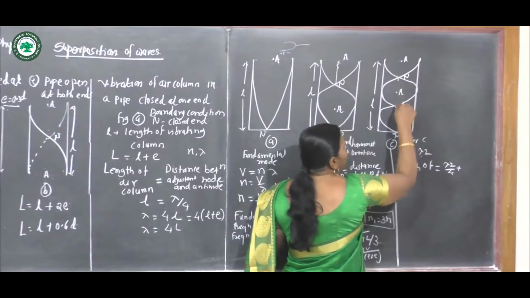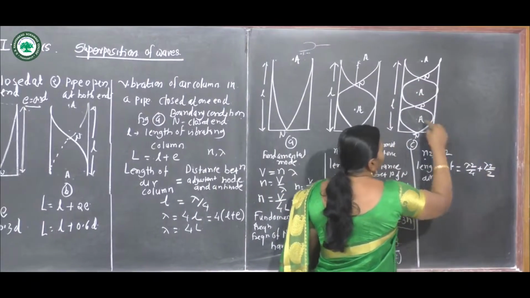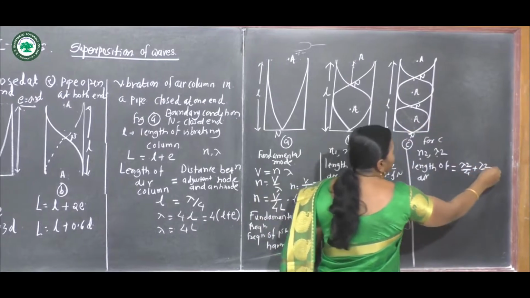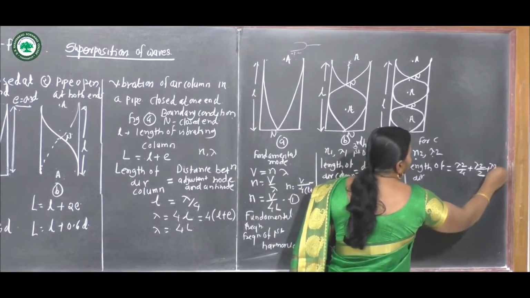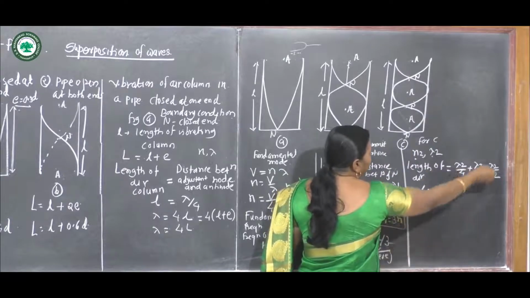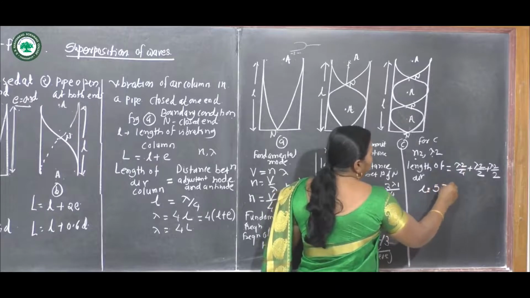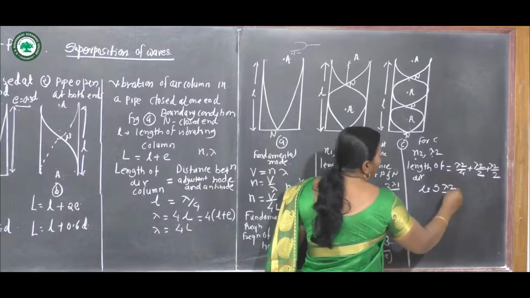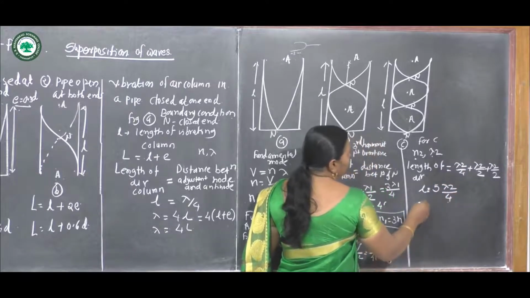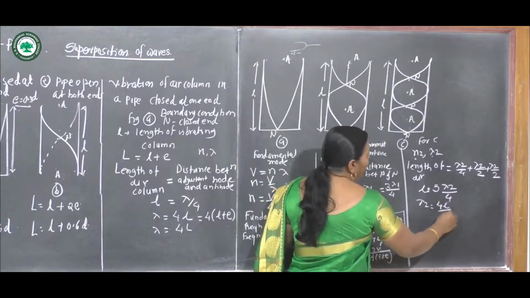This is the distance between two successive nodes, it is lambda 2 by 2. Now if we calculate this value, it becomes 5 lambda by 2 divided by 4. Therefore lambda 2 is equal to 4L divided by 5.